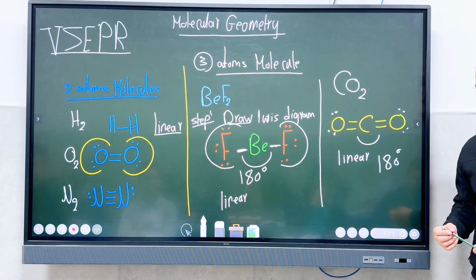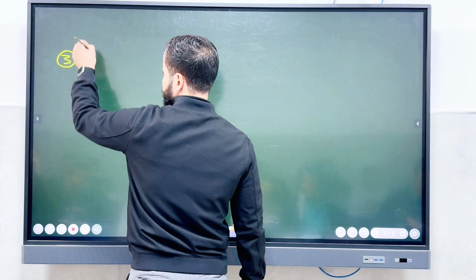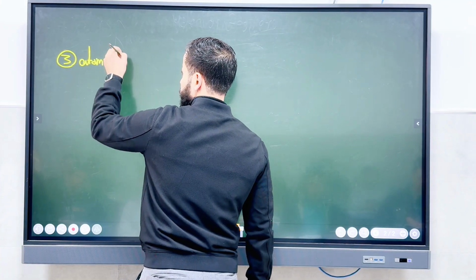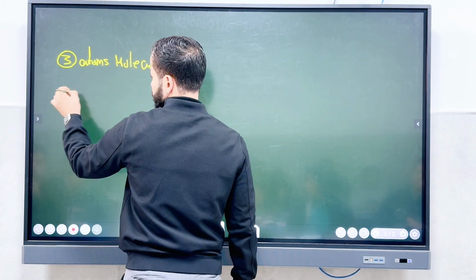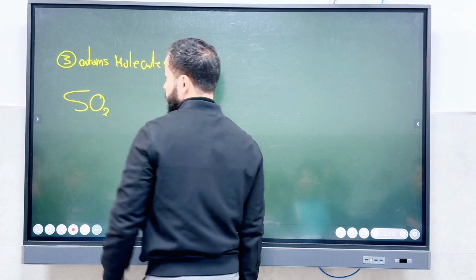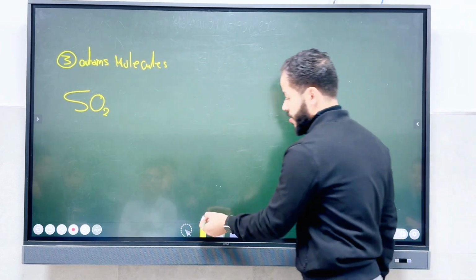Now, if we have a lone pair on the central atom, like in a sulfur dioxide molecule, SO2, this one is different from the previous example. It has a lone pair upon its central atom.